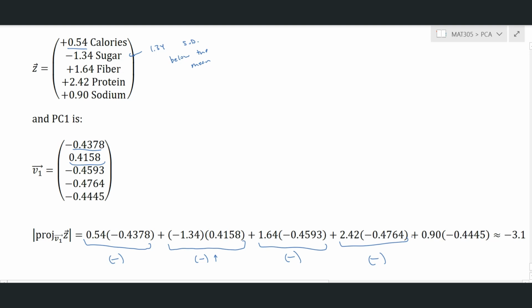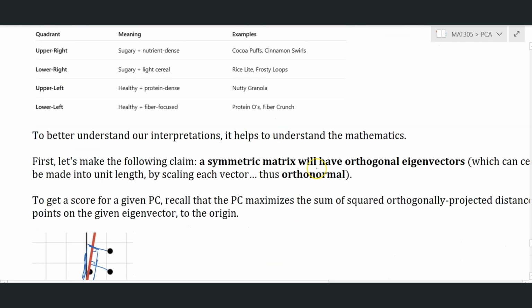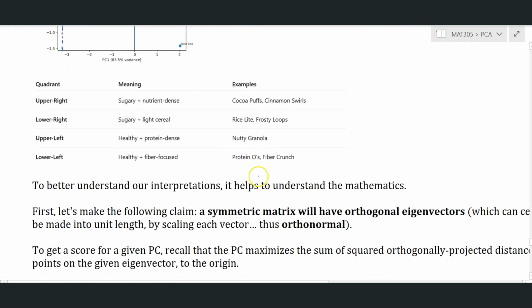We can't take it verbatim because it might be a little bit more calorie dense, but it's also very low in sugar, which makes it contribute negatively to that principal component 1 score. And again, we have a negative contributor here because we are higher in sodium. So you can see that this is pretty nutrient dense, so to speak, as we might say.